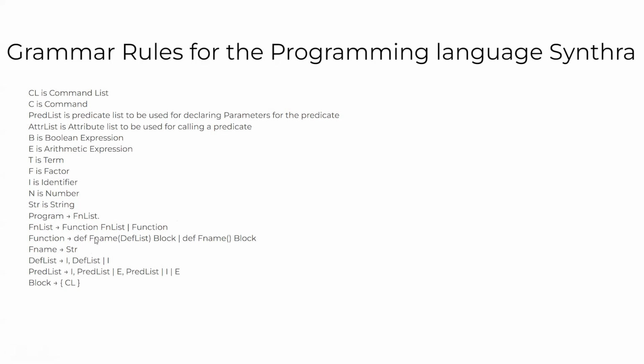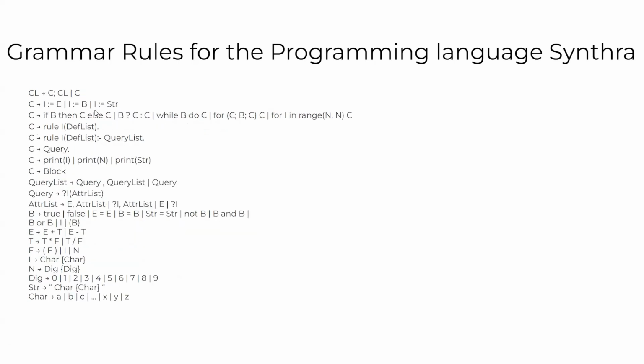A function then becomes a function name followed by a block. So function definition followed by a block. Similarly, we define the predicate list, the definition lists, and the blocks as well. Our language supports assignment to expression, boolean, as well as string. And it has some general commands such as if then else, ternary operations, while loops, and for loops with an in range flavor.